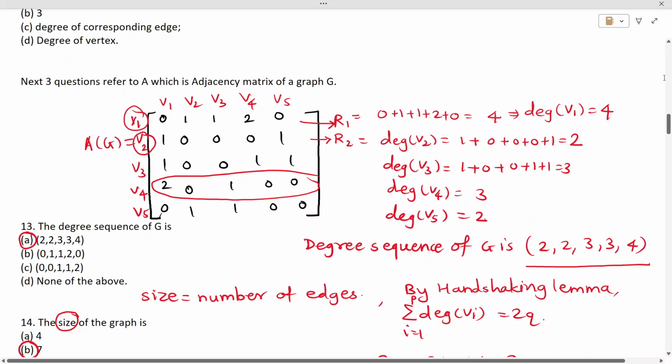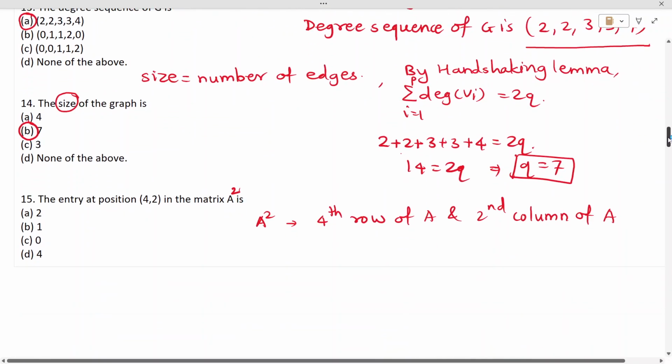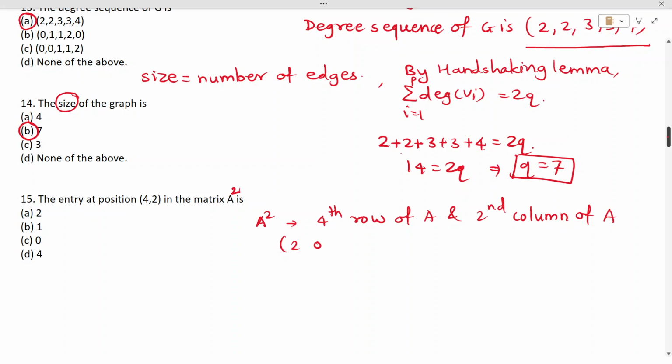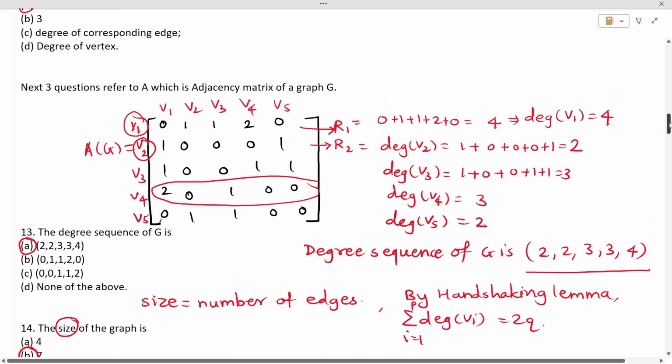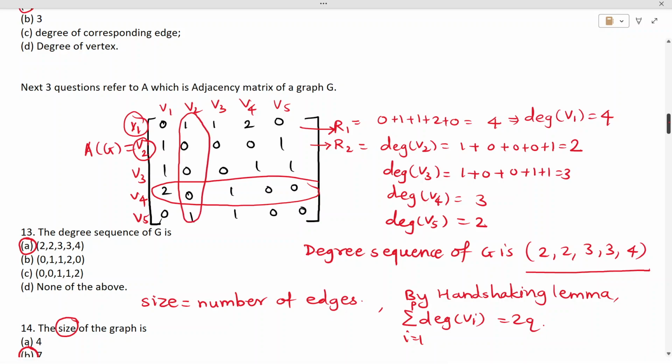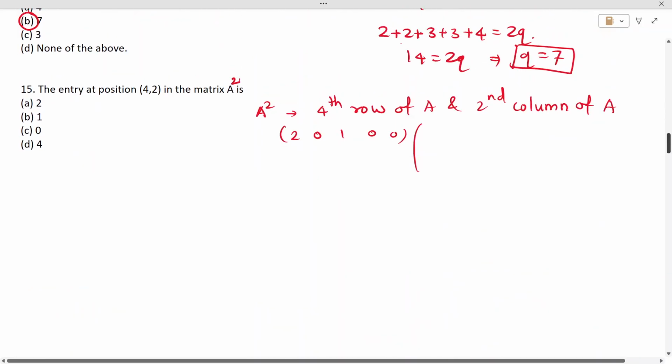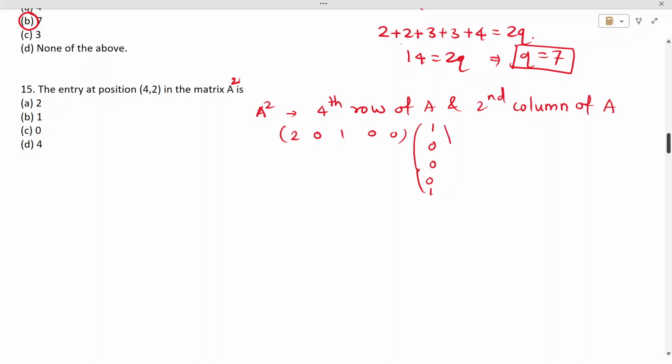The fourth row is 2, 0, 1, 0, 0, and the second column is 1, 0, 0, 0, 1.